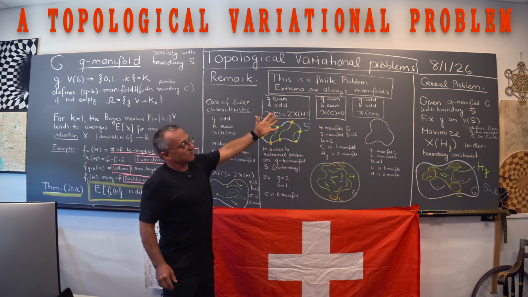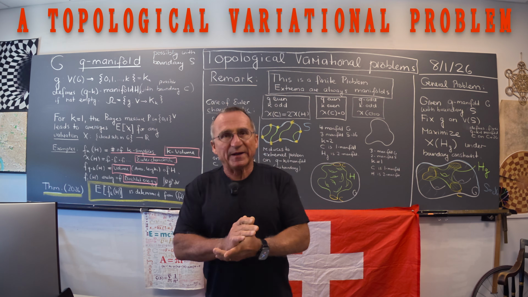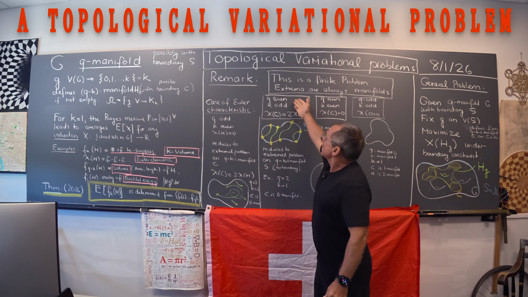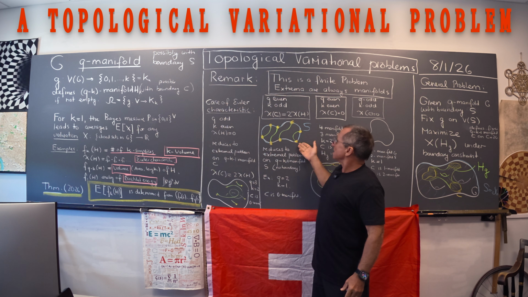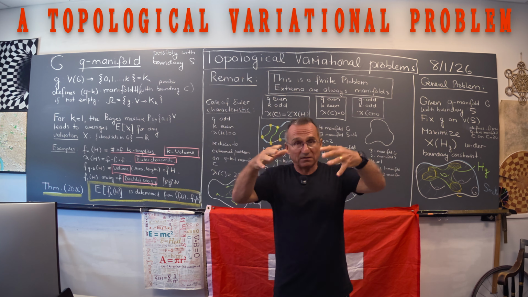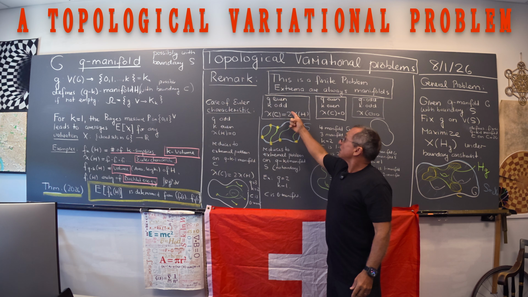So here are four cases which can occur. Fundamentally, you can have that q is even and k is odd, like here where we have a 2-manifold with boundary, a disk, and k is odd.